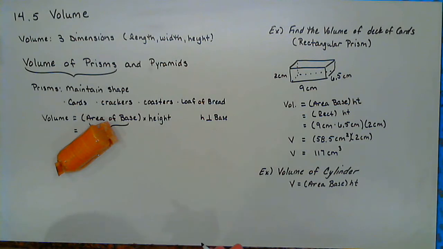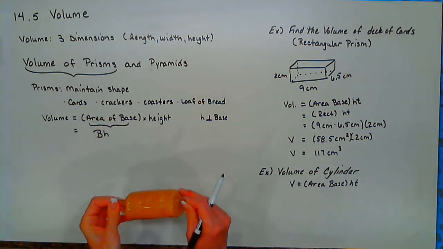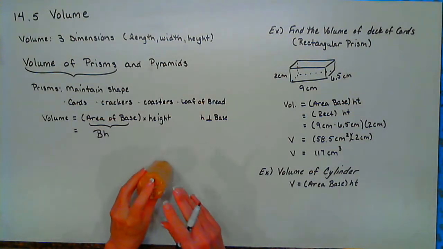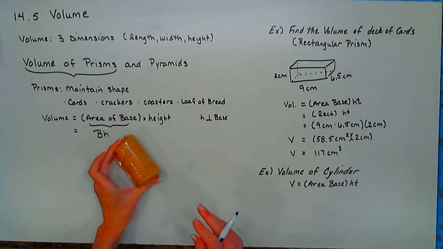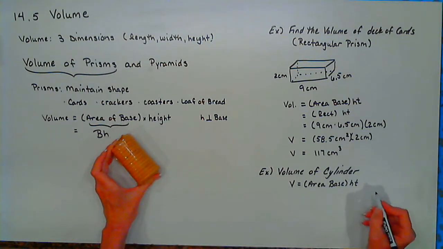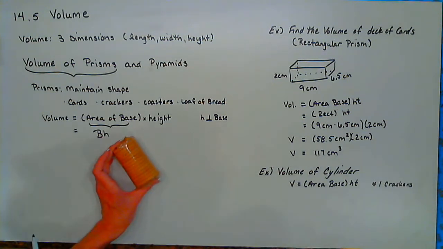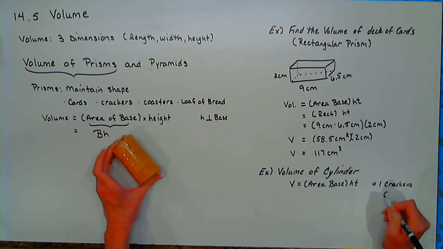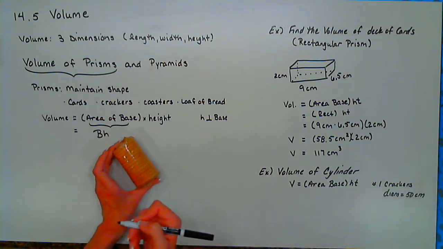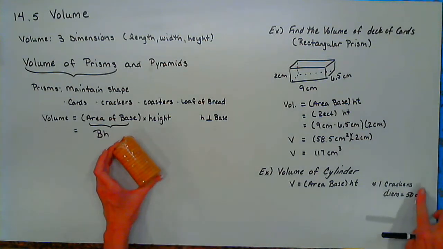For your information, it's pretty much a name brand cracker. These come in stacks. I'm going to tell you offhand, the diameter of one of these crackers is about 50 centimeters. Scratch that, 50 millimeters, or about 2 inches.